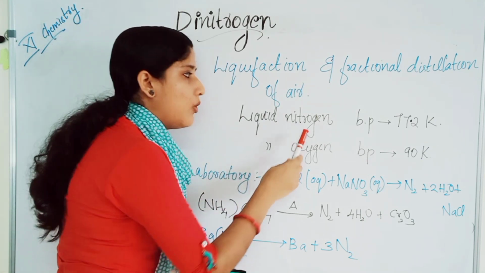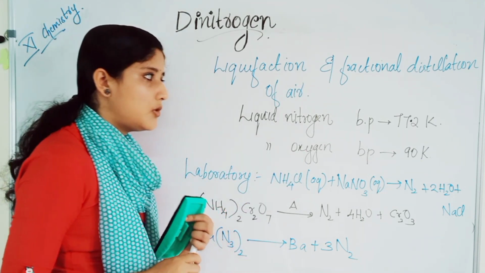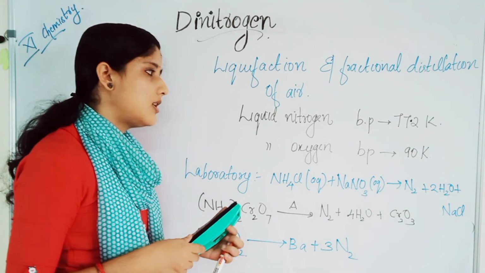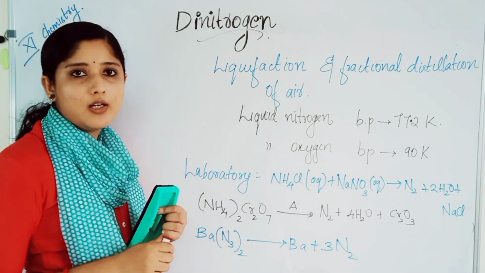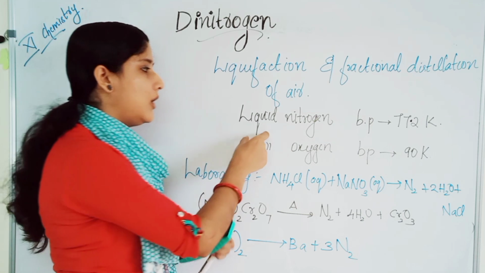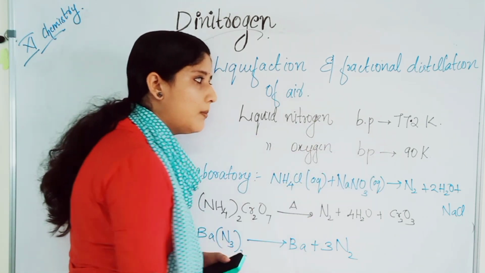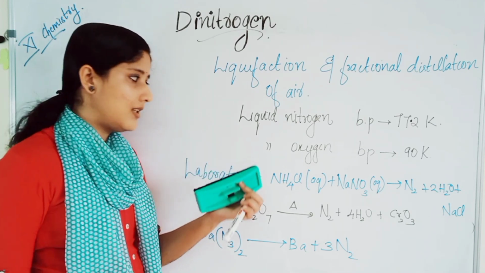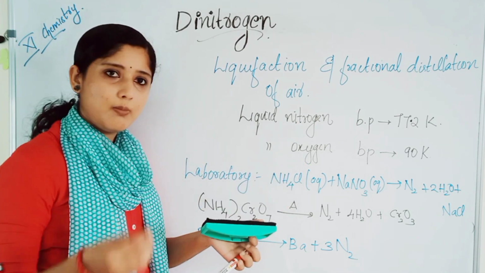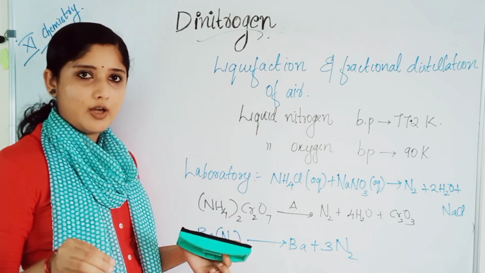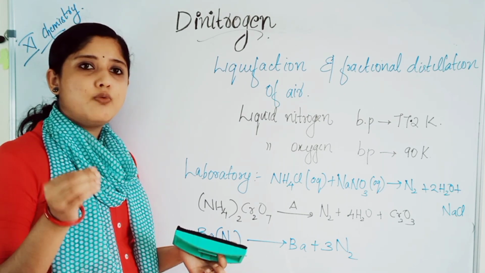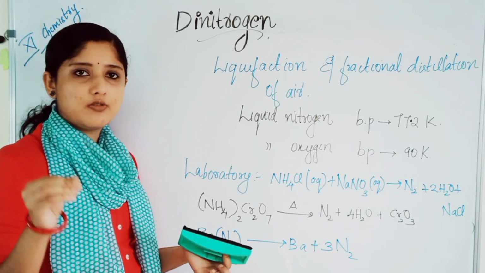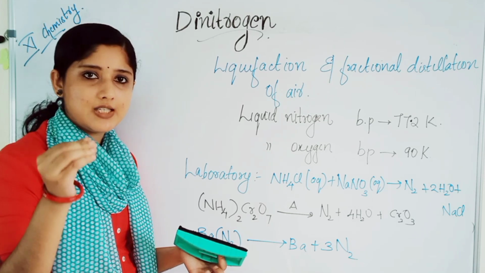Liquid nitrogen's boiling point is 77.2 Kelvin, and that of oxygen is 90 Kelvin. Which will distill first? Liquid nitrogen, having the lower boiling point of 77.2 Kelvin, will get distilled first, and liquid oxygen will remain in the solution of air. This is how we separate dinitrogen from air by fractional distillation.